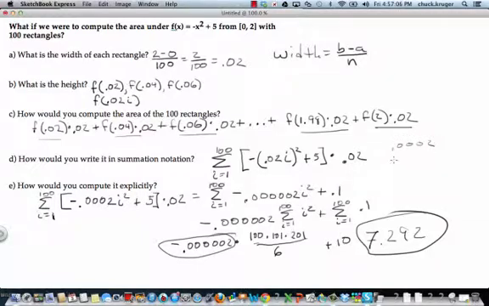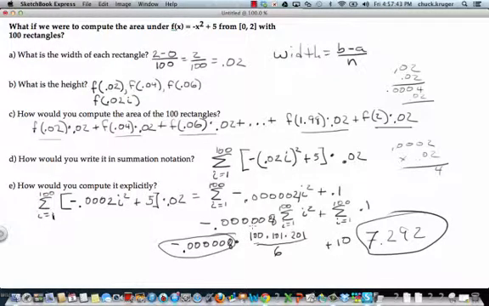0.0002 times 0.02 squared. Oh, for one thing, there should be a 4, and then this should be an 8, and this should be an 8, and that's my problem.